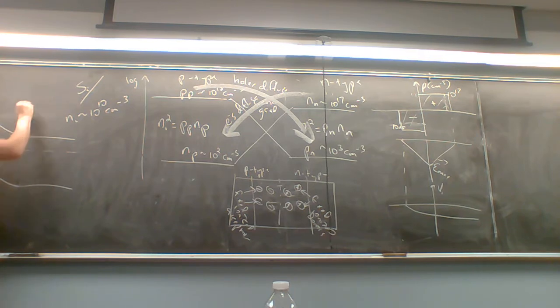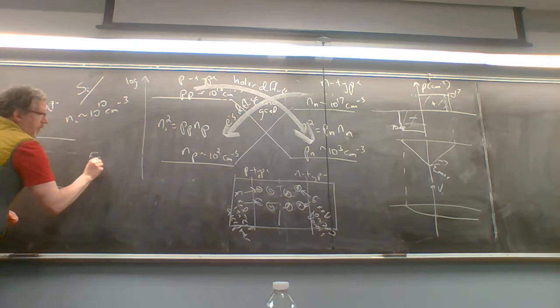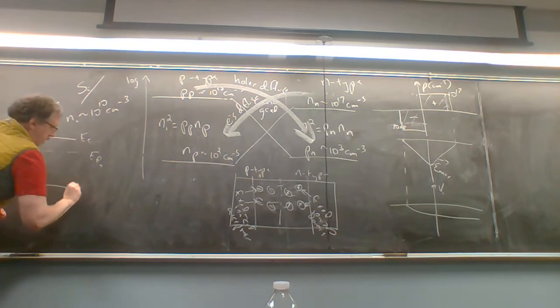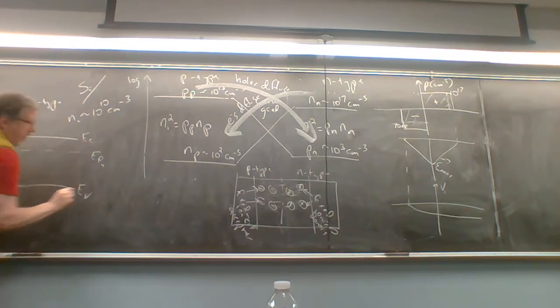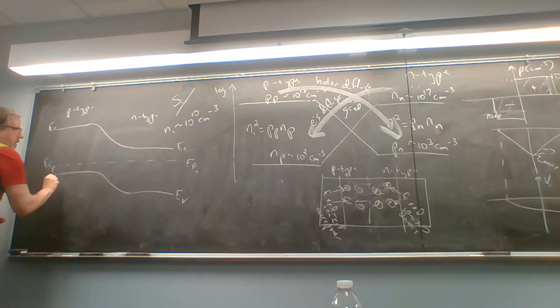So I've got N-type over here, P-type over here. I have an EFP, I have an EFN, EC, and EV.